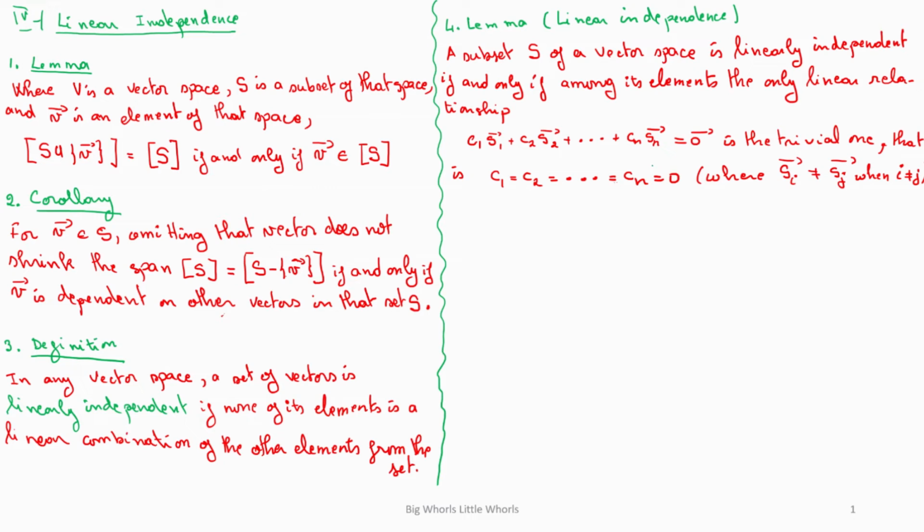But if the c's are not all 0, then the set is not linearly independent, it is actually linearly dependent. Okay, we will see that shortly in the tutorial. We will do more theory here.